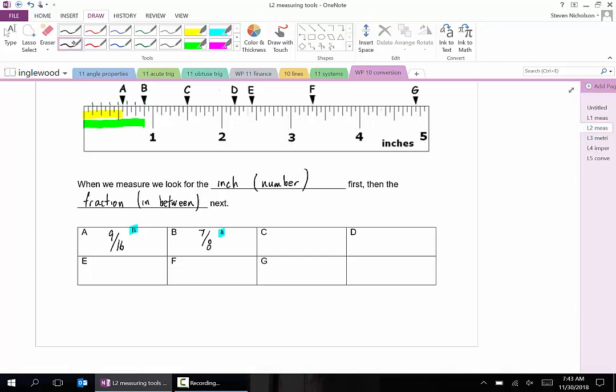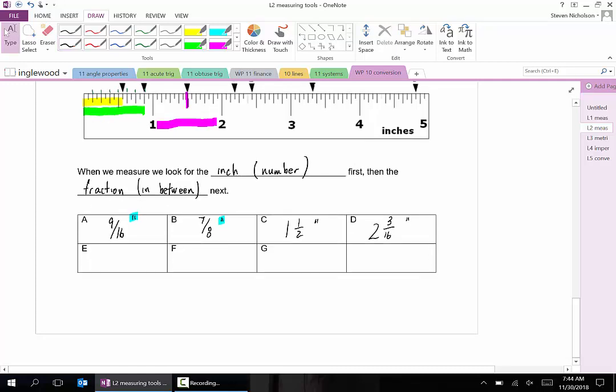Okay, so in C, we're in between 1 and 2, and we're at this unit, and that unit right there is a half. So C is 1 1/2 inches. D, well, it's in between 2 and 3, and it's the third smallest mark along, and each one of those small marks is 1/16 of an inch.